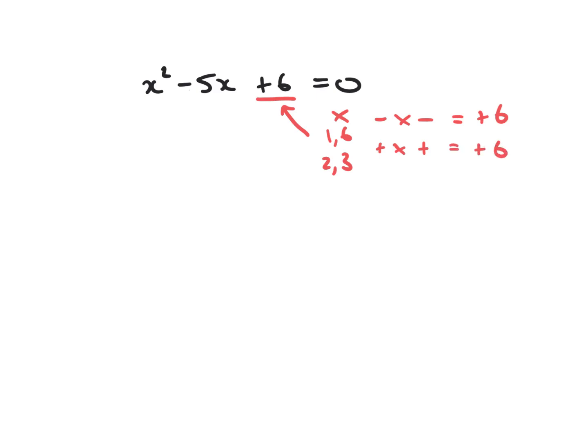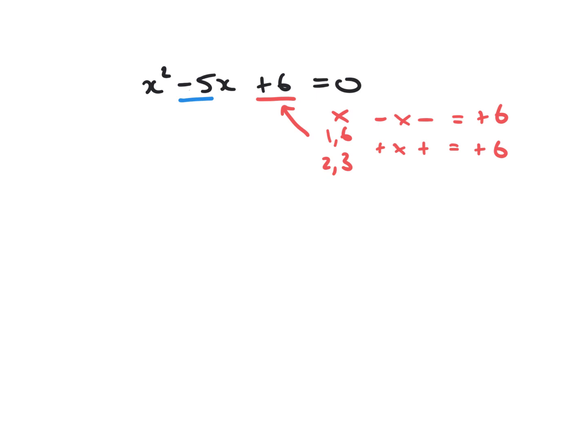So that's our first idea of what we need to focus on. The way we determine that is the next value we're going to look at, this 5 here. And I'm not looking at just 5, I'm also looking at the negative part as well. It's polarity. So if I'm looking at negative 5, and the 2 numbers that multiply to get positive 6, well, the only way I can get a negative 5 is if they are both negative.